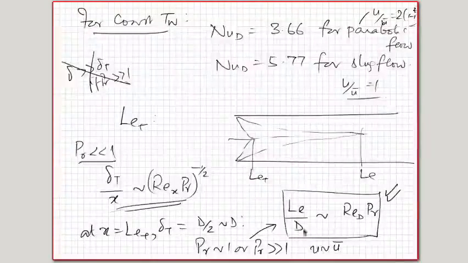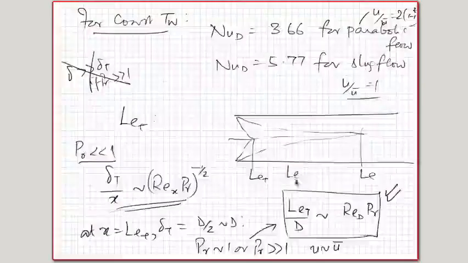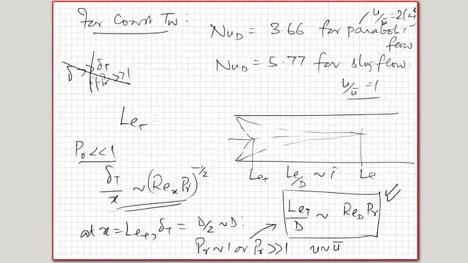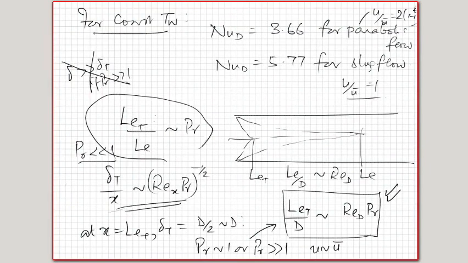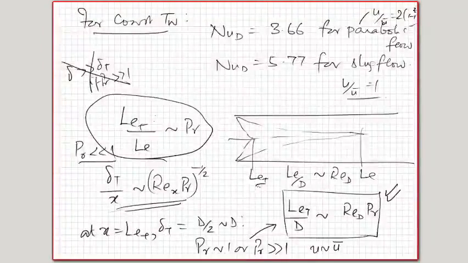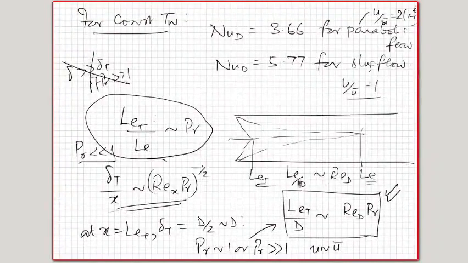If I compare this with the expression that I got for L_E by D, which is of the order of Re_D, the ratio of these two will be L_ET by L_E always of the order of Prandtl number. So if Prandtl number is much less than 1, L_ET will be much smaller than L_E, and if Prandtl number is much greater than 1, L_ET will be much larger than L_E, and if Prandtl number is of the order of 1, L_ET will be of the order of L_E.